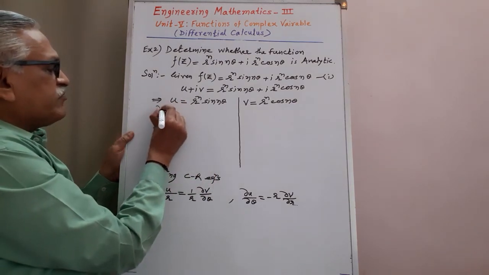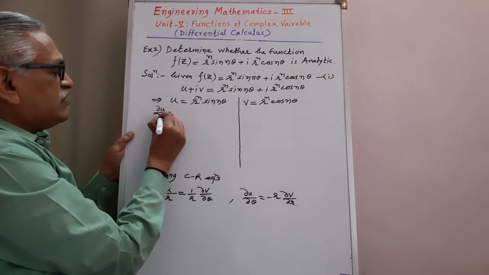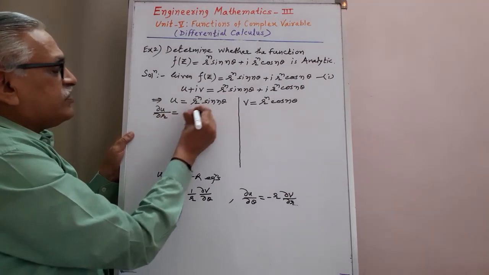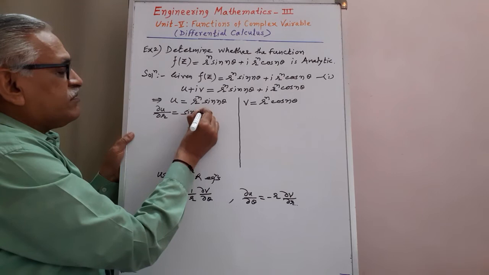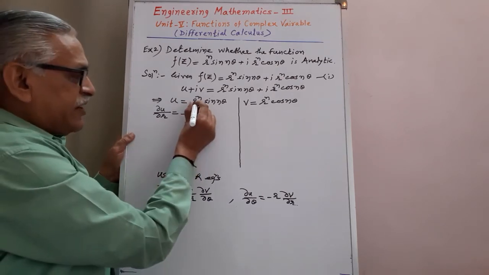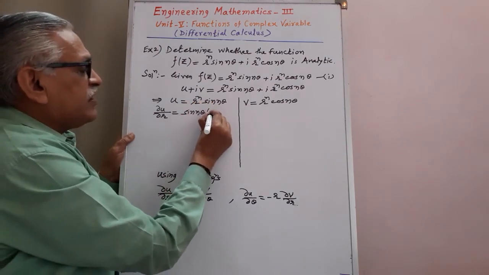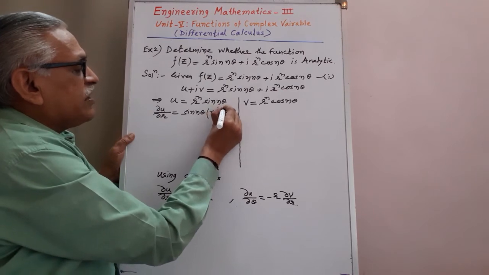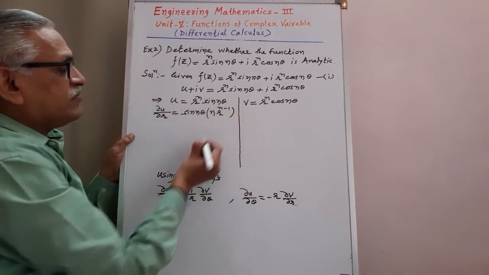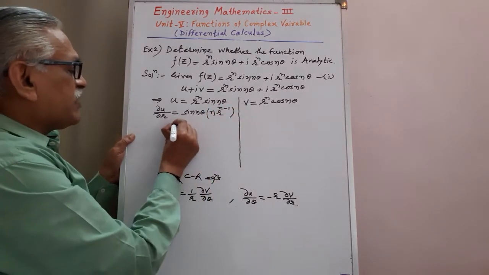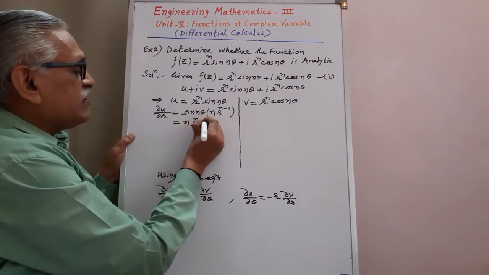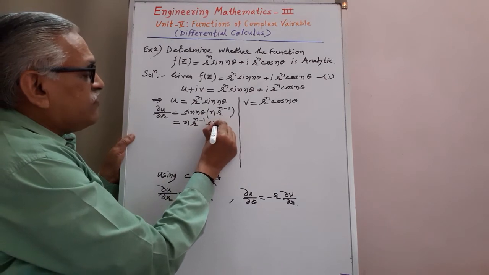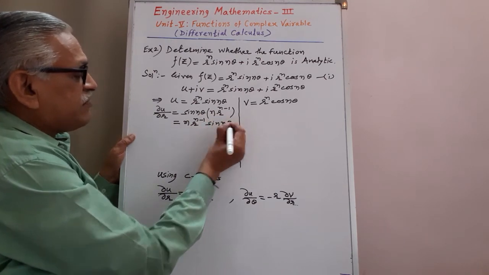Therefore, differentiating u with respect to r, again keeping theta constant, therefore sin n theta is constant term outside. Derivative of r raised to n is n r raised to n minus 1, and therefore that term becomes n r raised to n minus 1 into sine of n theta.